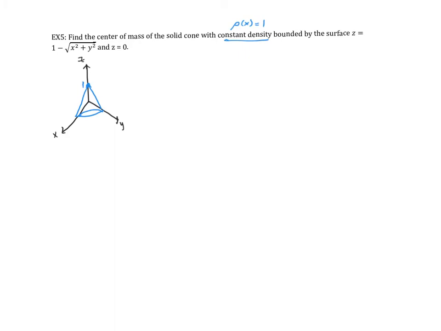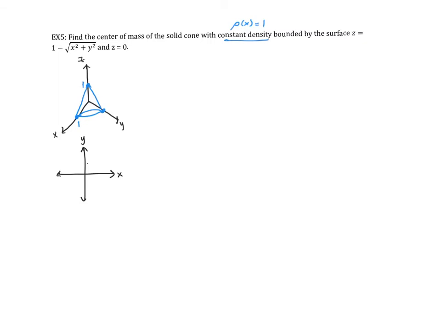Now, when you look at just the xy plane, remember we're setting up this triple integral. Where it's going to hit on the x and the y axis is, remember what we're doing, if z is equal to 0 and y is equal to 0, then x has to be 1.